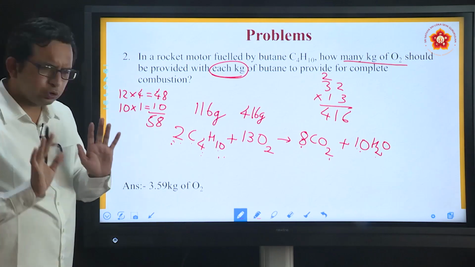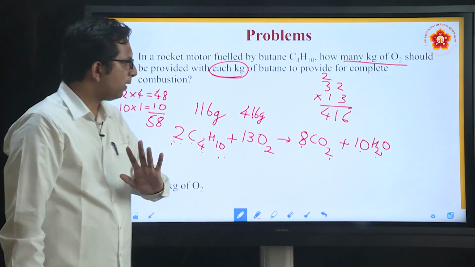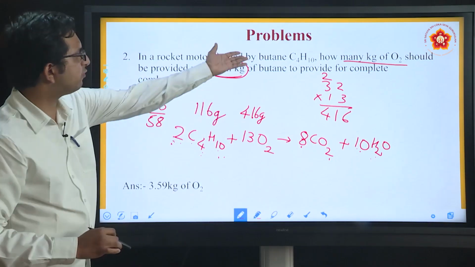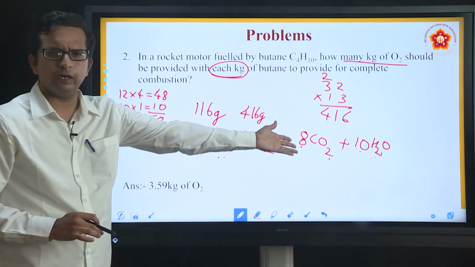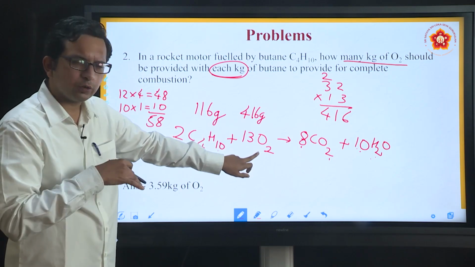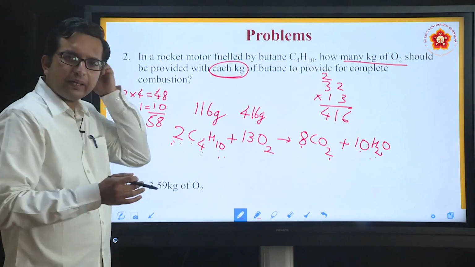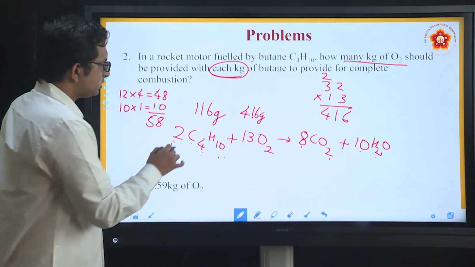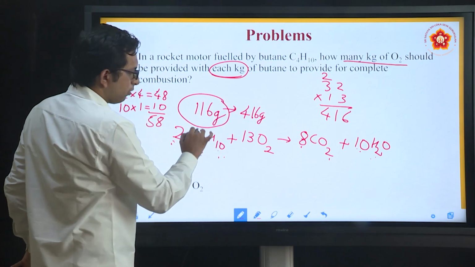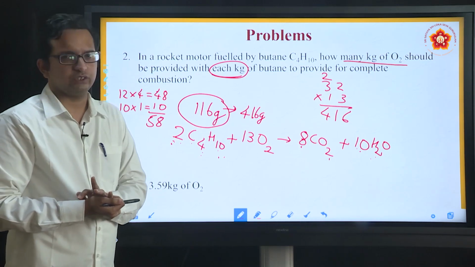What I have understood here is that first I balanced this chemical reaction. Later I am not counting the masses of this, because there is no reference made in the question. What they are asking is how much oxygen is required for 1 kg of butane. So by these calculations, 116 grams of butane is required for 416 grams of oxygen.